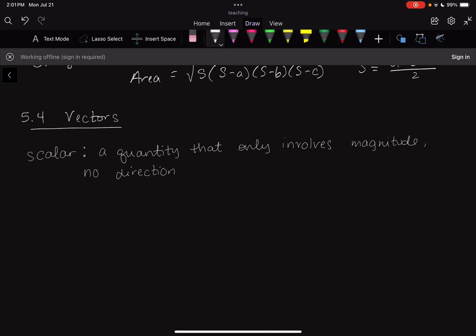And then we have a vector. This is a quantity with both magnitude and direction.